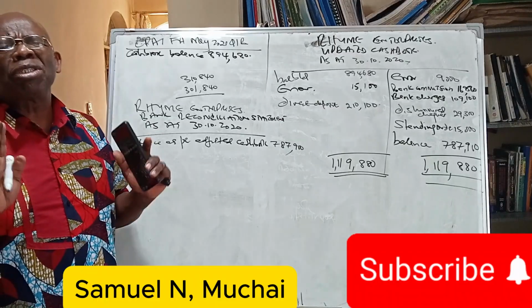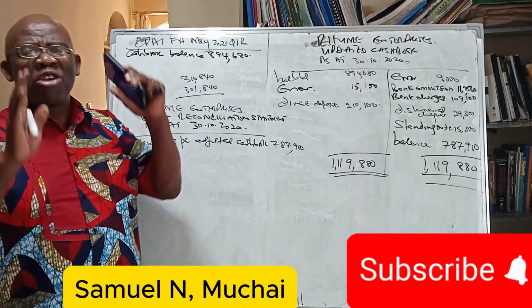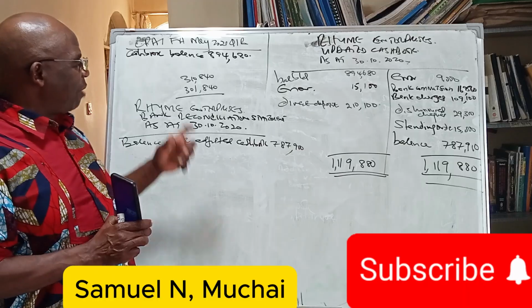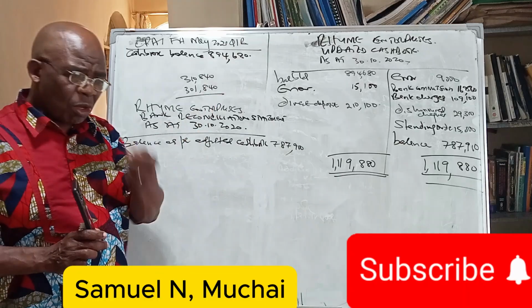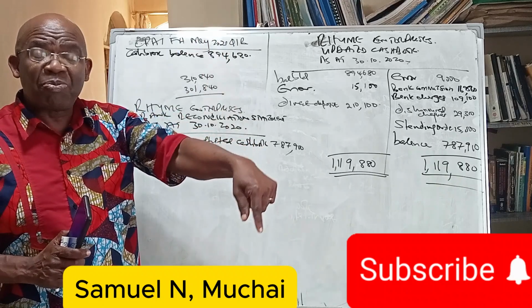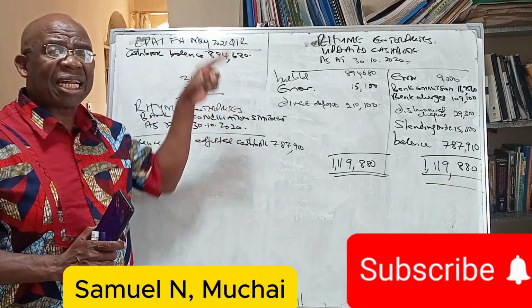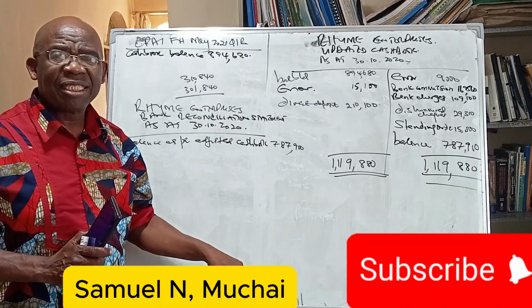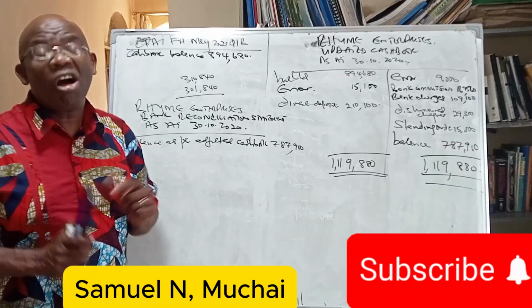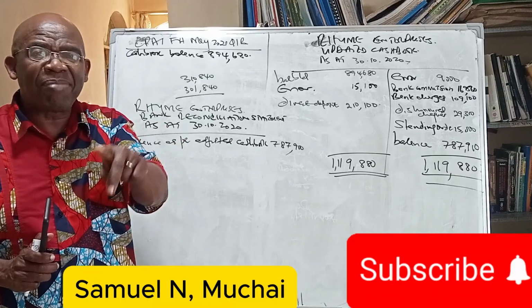Those are the simple questions you must never forget to ask yourself. We are having the difference because there are some unpresented checks that we paid, and there are some uncredited deposits that we recorded, which the bank has not recorded. Or there are some errors that the bank has done.